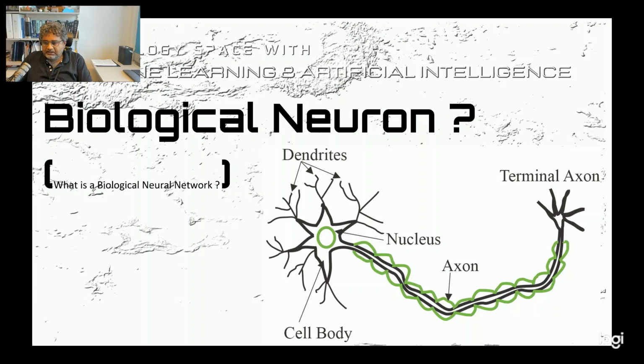Then the cell body of the neuron is connected to the axon, and at the end of the axon, there is the terminal axon. When dendrites get messages as electrical sparks, they communicate through the axon, and the outcome of these messages is delivered through the terminal axon.